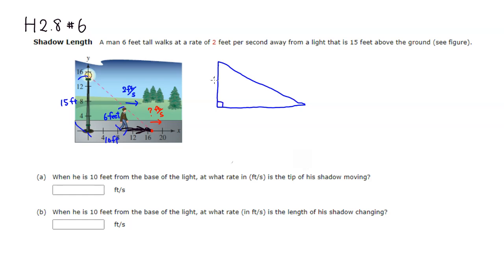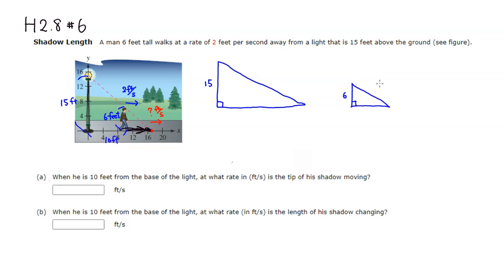This is 15 feet right here, and we don't know this length. And I'm going to draw a small triangle using the person. He's 6 feet tall.